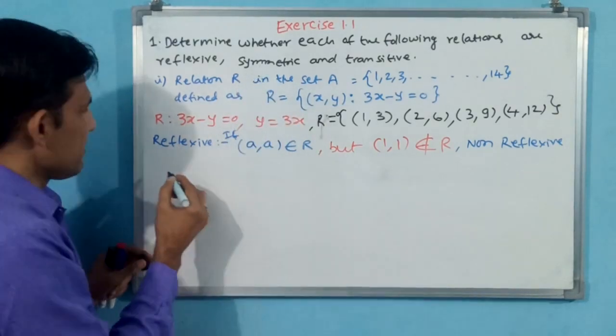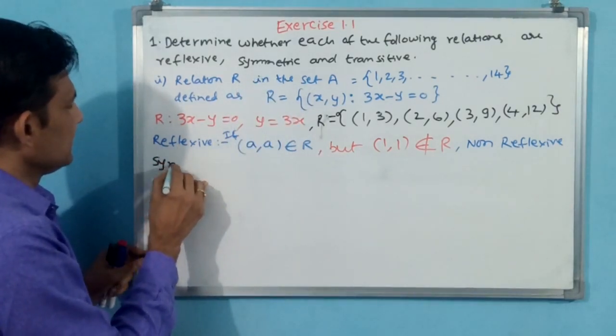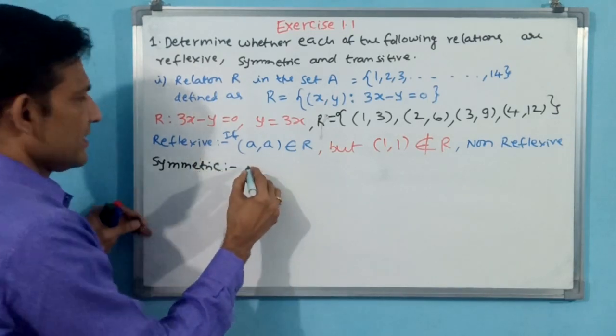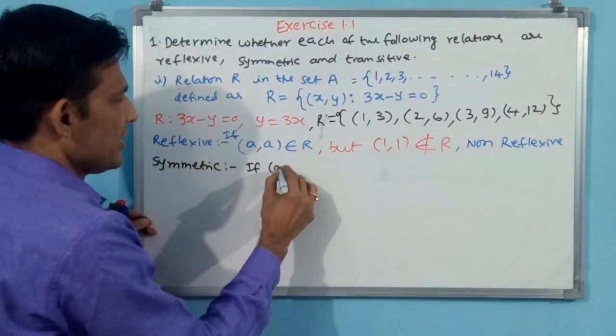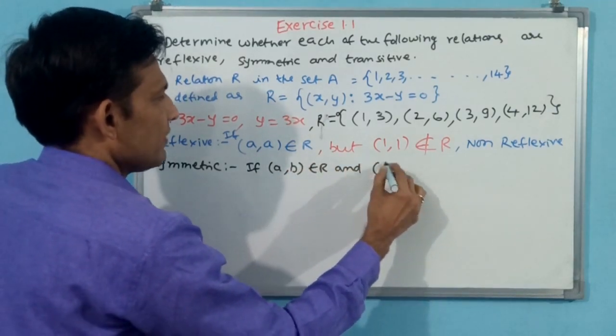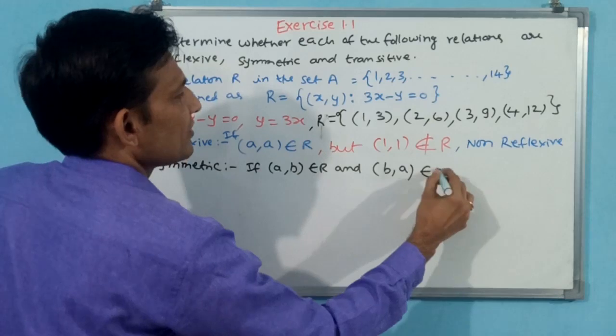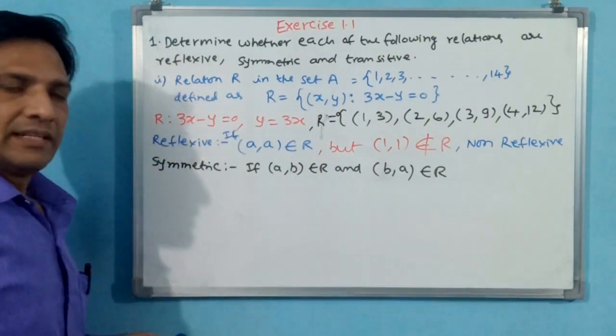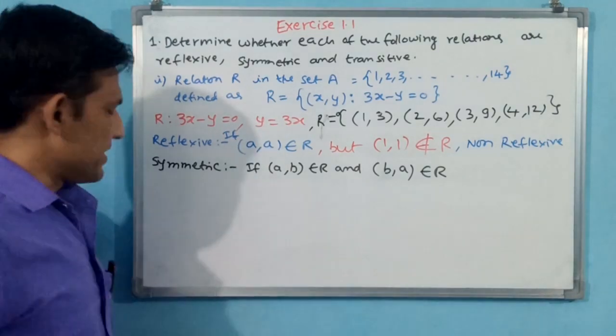Now we will see symmetric also. Symmetric. If A comma B belongs to R and B comma A belongs to R, then that is called symmetric.